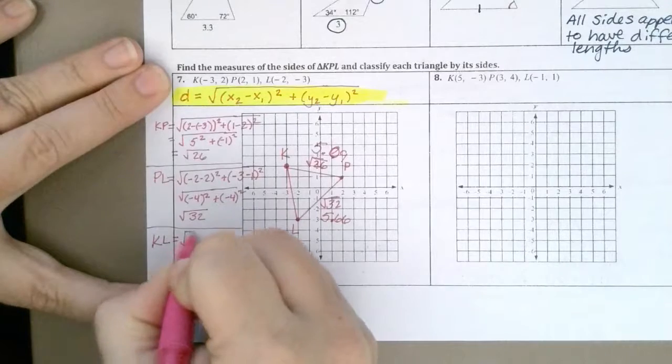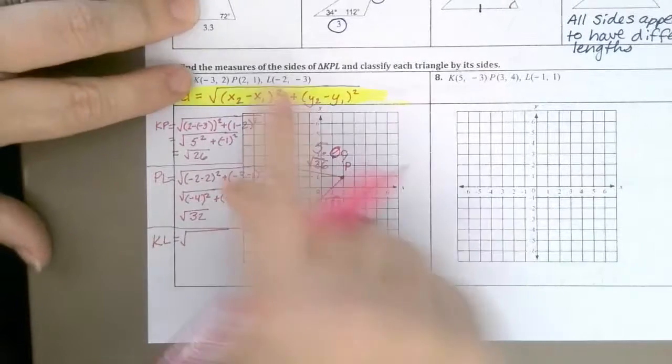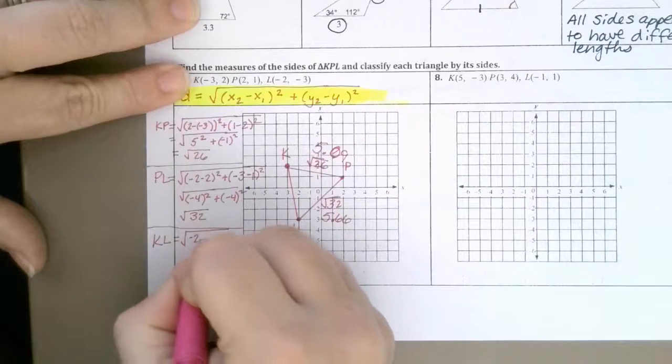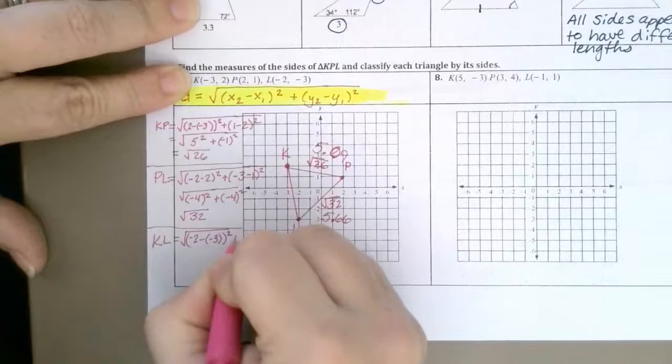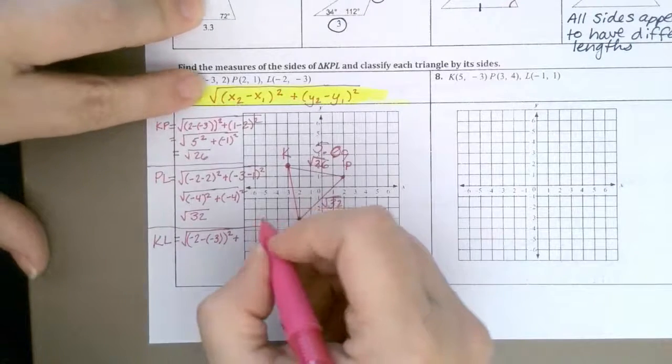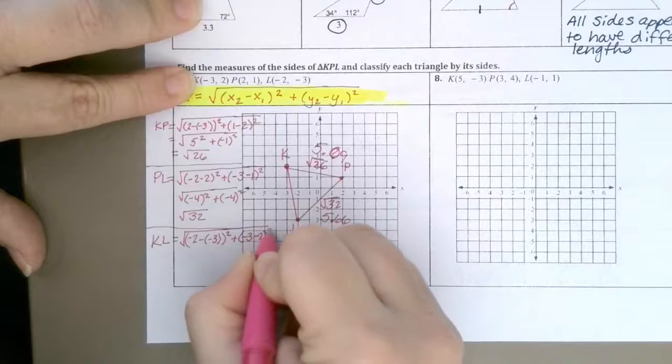So the square root of, let's see, KL, negative 2 minus negative 3 squared plus negative 3 minus 2 squared.